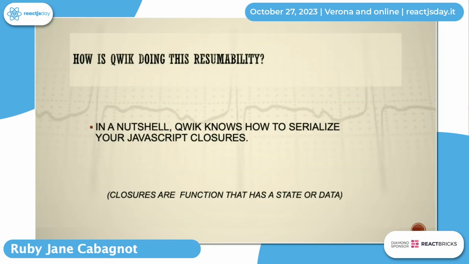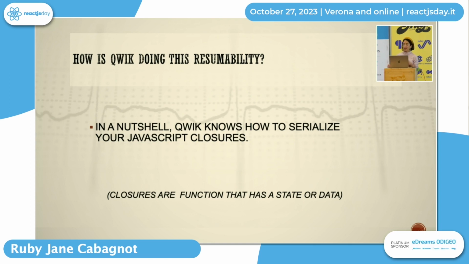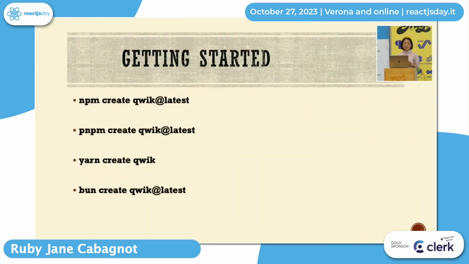So how is Qwik doing this resumability? In a nutshell, Qwik knows how to serialize your closures, which other current frameworks are not able to do. And just to review, JavaScript closures are your functions that have state or data. Getting started is easy peasy.